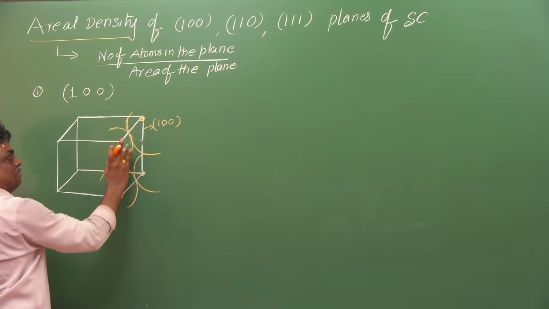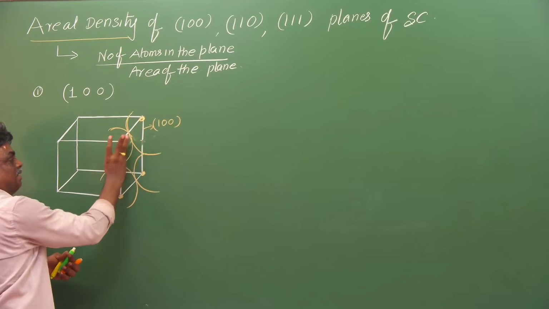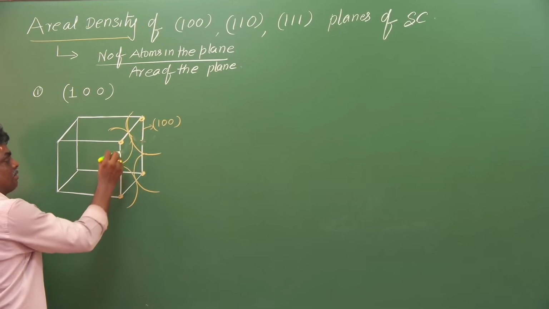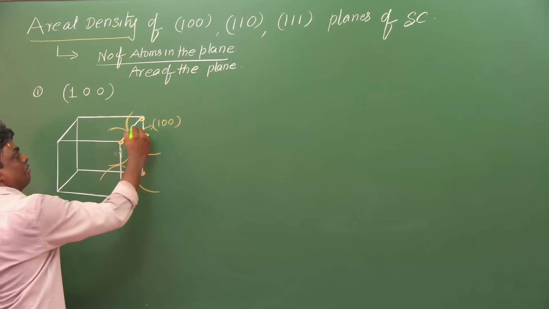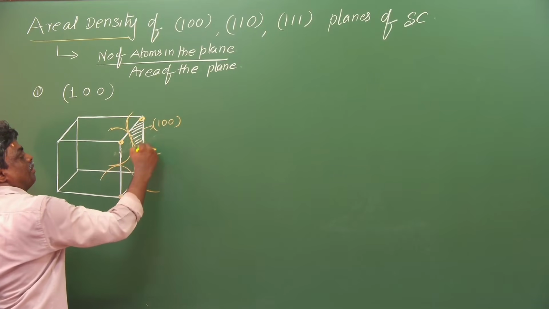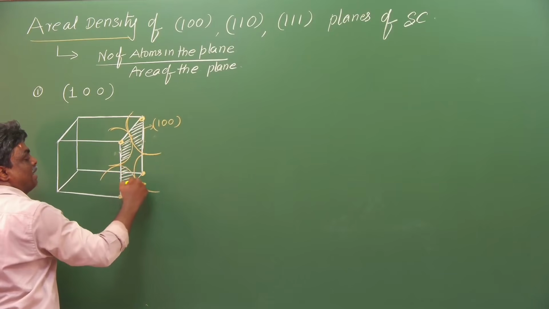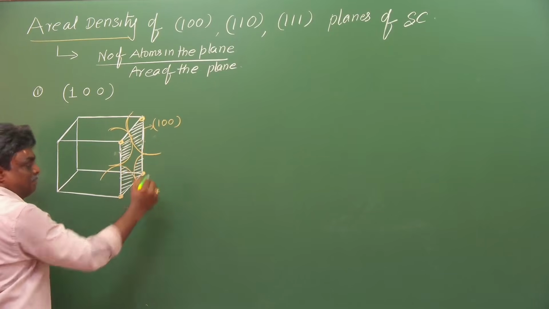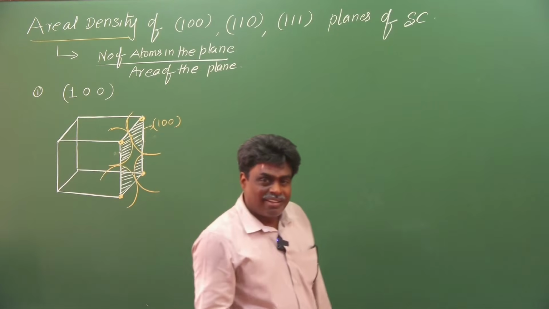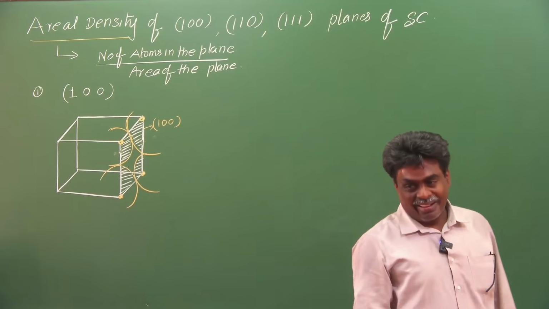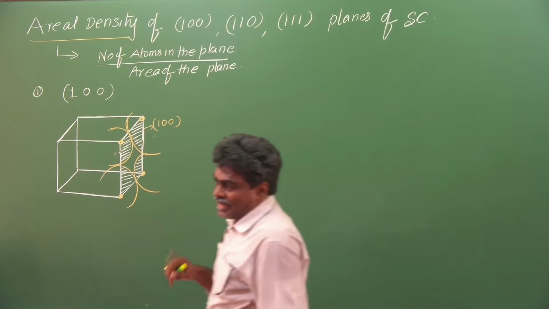Listen please. Earlier also we have taken a similar way, if you remember. Now one more time I am asking, how many atoms are there in the plane? One. Good. Why? 4 are there, but sharing is what?